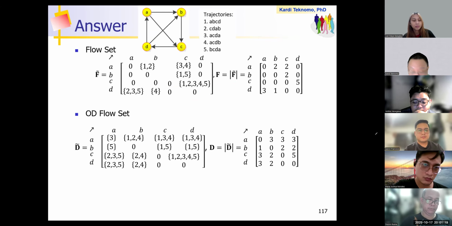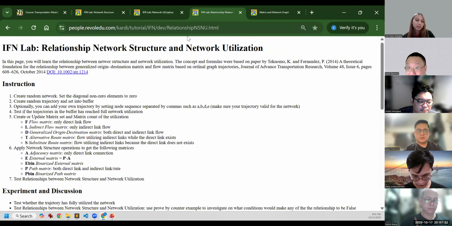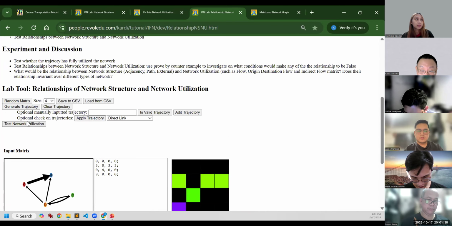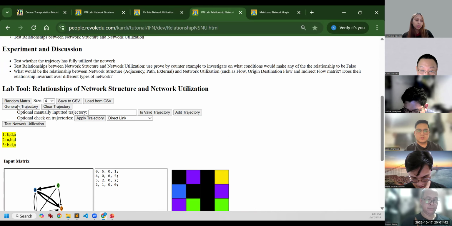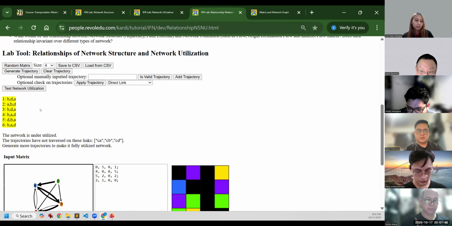So with this, I will introduce one last lab, which is related to the relationship between network structure and utilization. It's exactly the same as before. You create a random matrix and generate random trajectories, and you can test the utilization also.